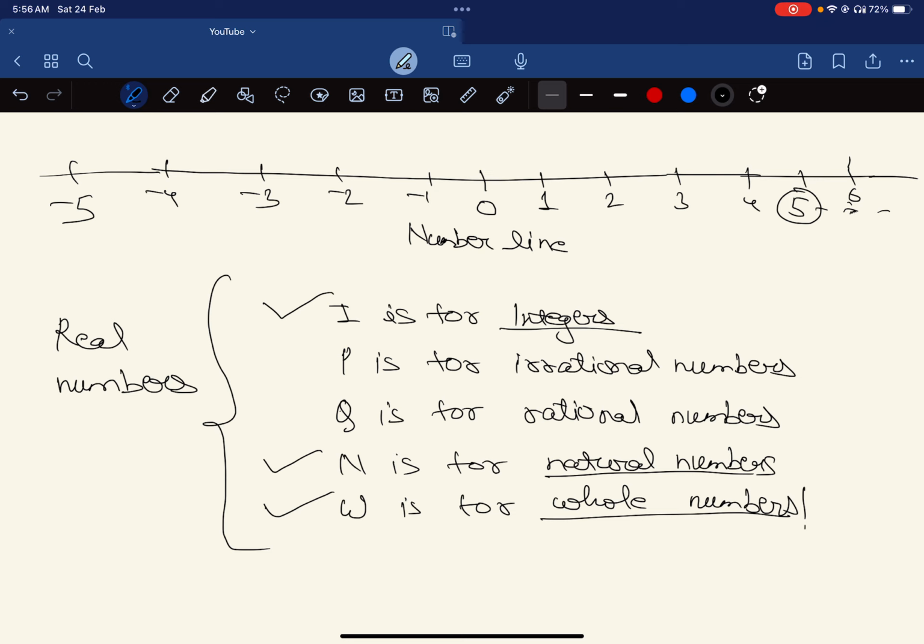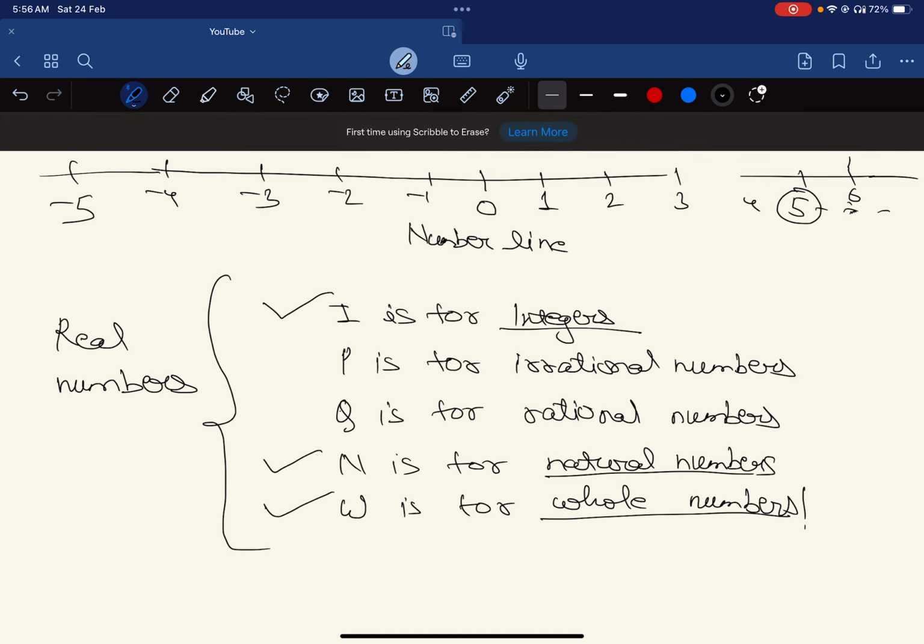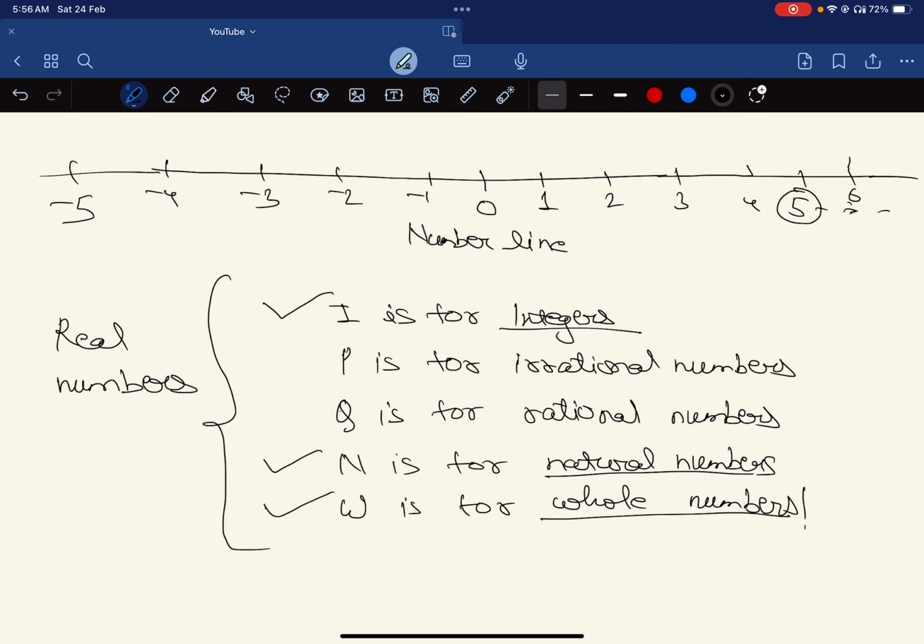So, do you think there's just 3 and then there's 4? There's nothing in between them? There are. There is 3.01, then there can be 3.02, there can be any number between, like 3.012.